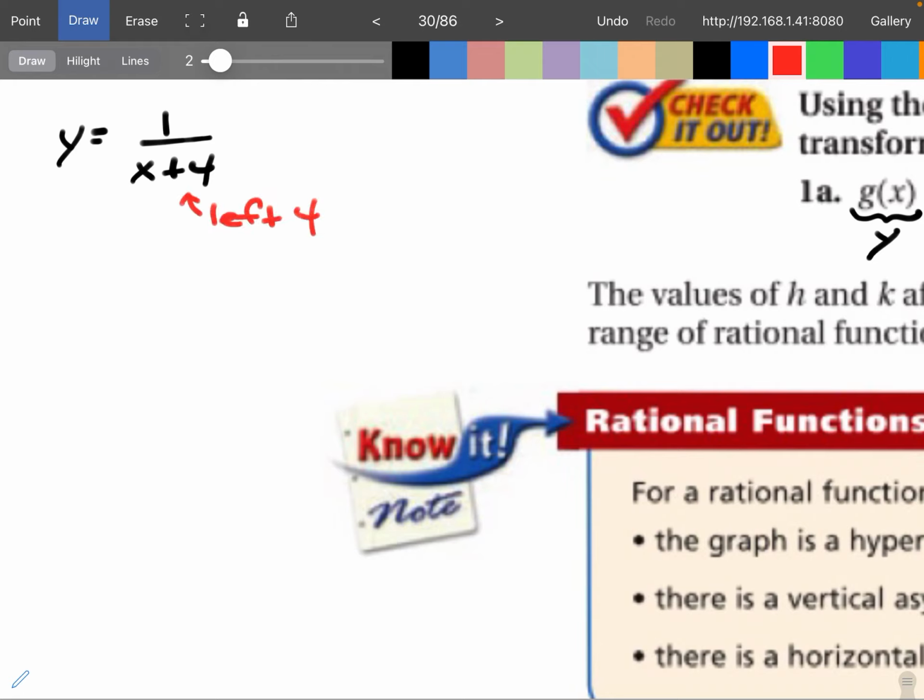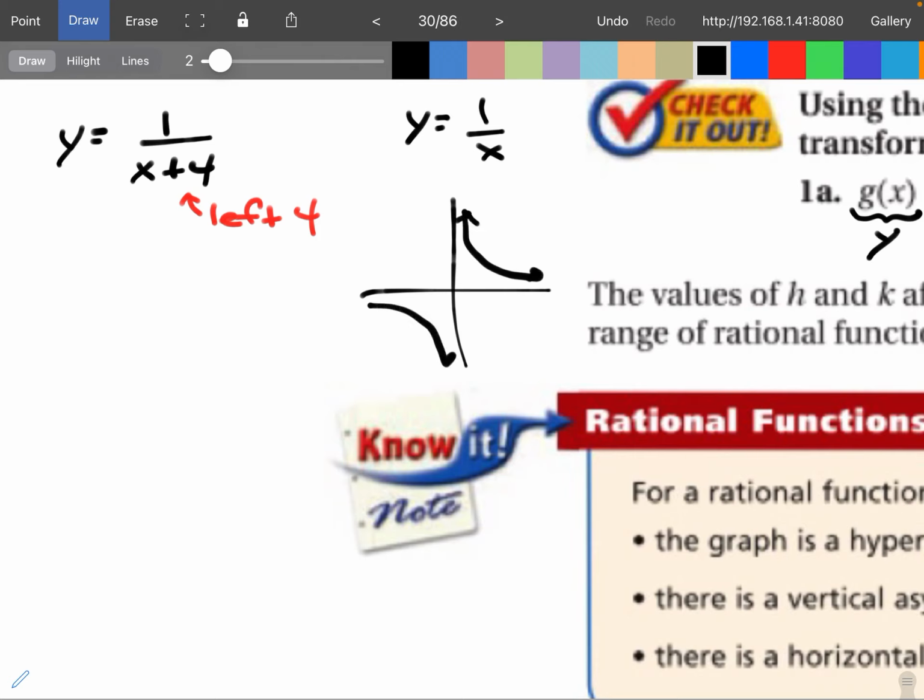Now remember, the graph that we are transforming is this one. I'll put it here so you guys can see it. Is 1 over x, which is just this graph, right? This curve or this branch in quadrant 1, and then this curve or this branch in quadrant 3. So what we're going to do to make it go left 4 is, you got those two asymptotes, right?